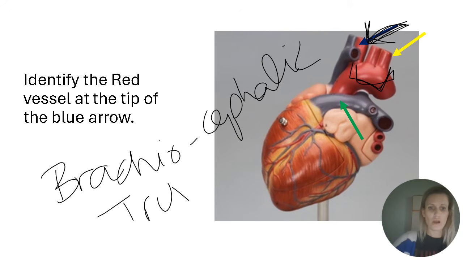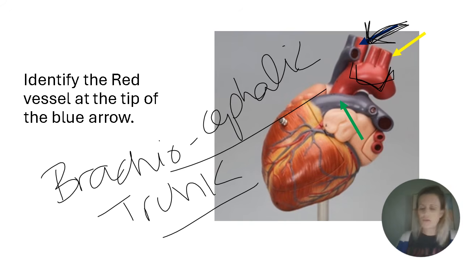Brachiocephalic trunk. Right, there's no right or left because there's just one of them. The second branch, remember, goes straight up the left side of the neck. Sorry, that's my right. Straight up the left side of the neck as the left common carotid artery. And then this third branch is the left subclavian artery.